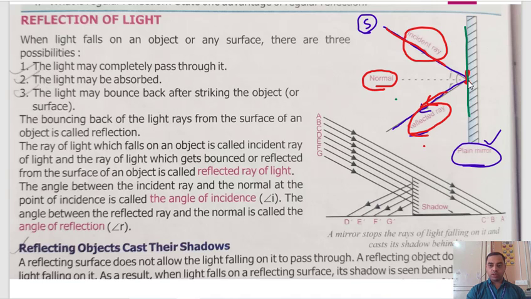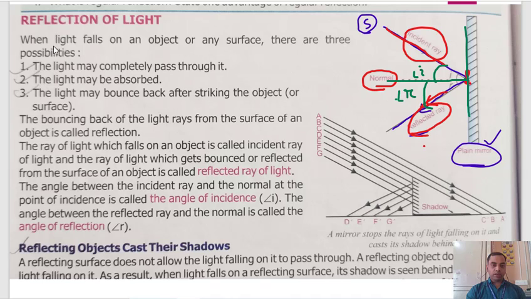At this point, if you draw a normal, meaning a perpendicular, at 90 degrees, this line is known as the normal. Now, the incident ray makes an angle with the normal. This angle is represented by the small letter i, which is the angle of incidence, and the reflected ray makes an angle with the normal, represented by the letter r, the angle of reflection. That is angle i, angle r.